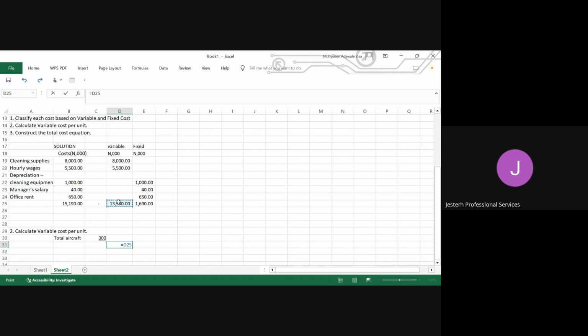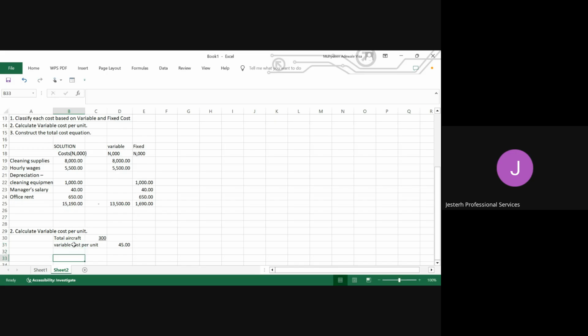13,500 divided by 300. Now we get 45 naira. That is the variable cost per unit.